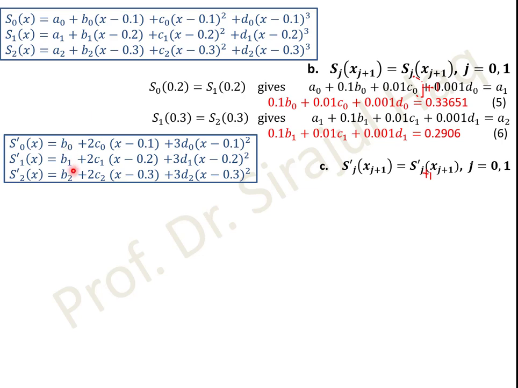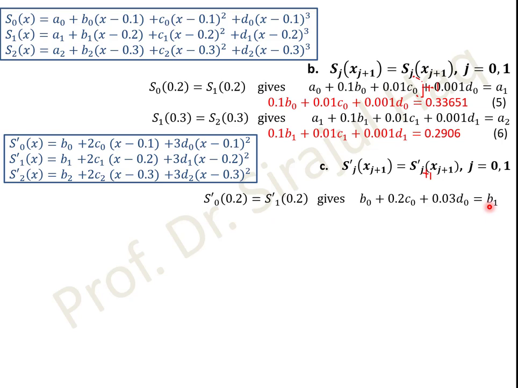what will happen to these equations. Again, when j is equal to 0, 0.2 is the common point, and we get this equation. S0 prime at 0.2 coincides with S1 prime at 0.2, and that gives us, when you replace x is equal to 0.2 here, this portion will become 0 and you will be left with B1, which you can see over here.